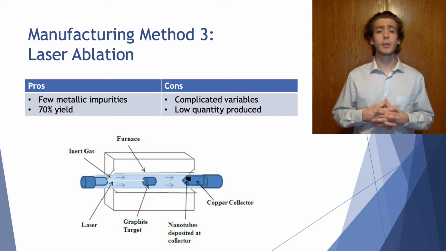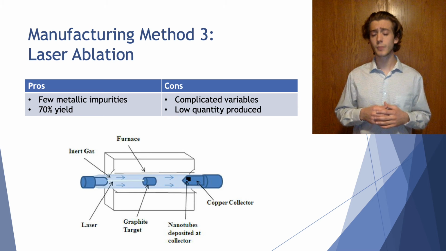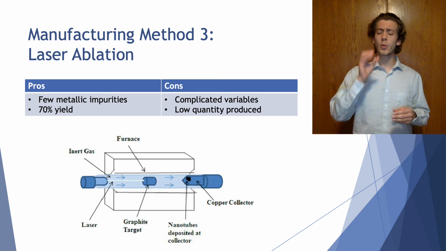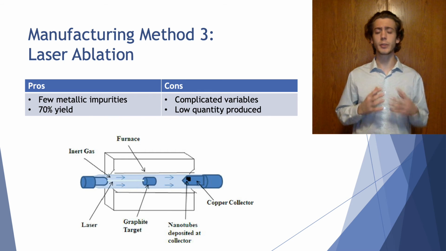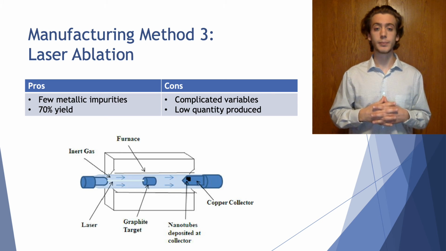The third and final manufacturing method that we're going to talk about today is called laser ablation. Let's first discuss how it works. Again, we're going to have some carbon target, like graphite or graphene, and we're going to shine a laser at it.